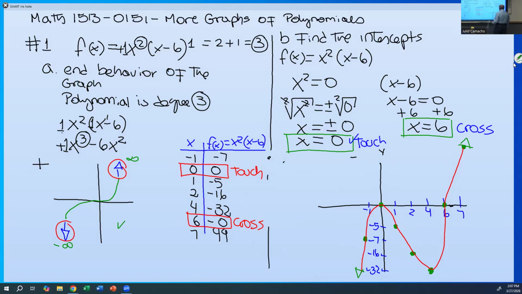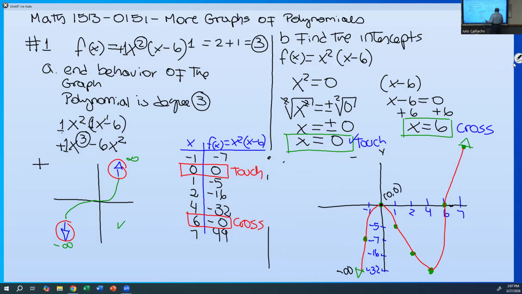The last question that we'll ask in this assignment is about turning points. And we learned that a turning point is, if I ask you right now to see where this graph is increasing, you say, well, Mr. Camacho, it comes from negative infinity and stops increasing right now at 0, 0.